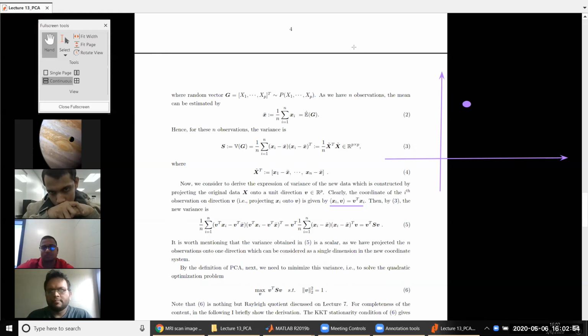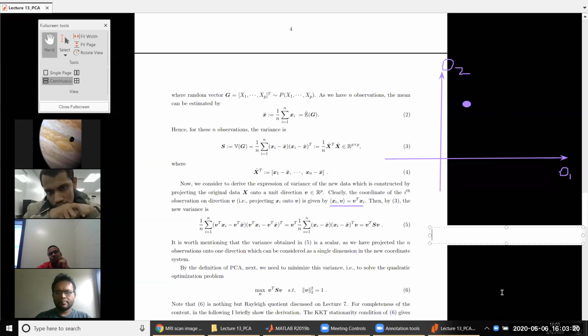Let's call the axes O1 and O2, which means original one and original two, otherwise you may get confused with x1 here. Suppose the data point in O1, O2 is, for example, 3, 6. This is my original coordinate system.